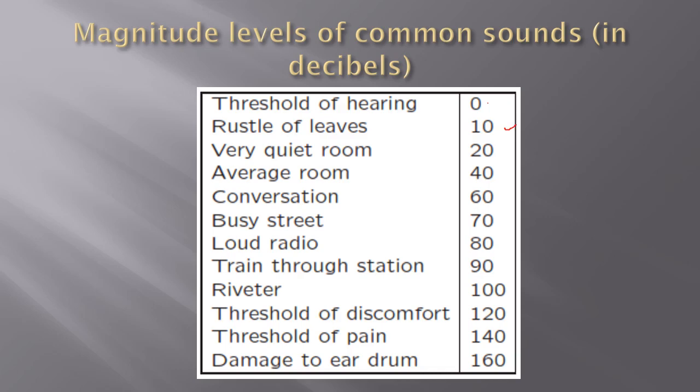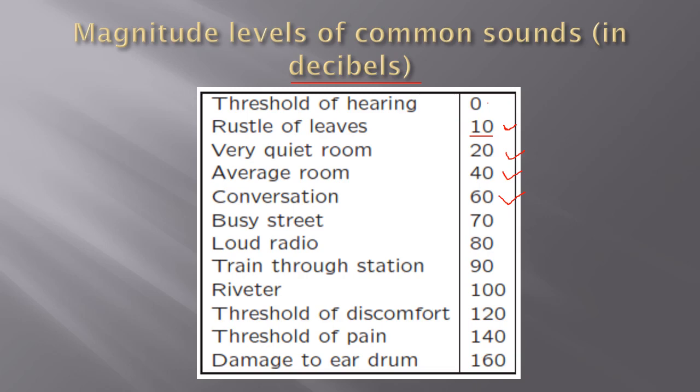Sorry, this is not the frequency, but the amplitude, the strength of the signal measured in decibels. The rustle of leaves and very quiet wind is approximately 10 dB, so it's very quiet. A quiet room is approximately 20 dB. The average room is approximately 40 dB, and for conversations the strength of the signal is normally 60 dB.